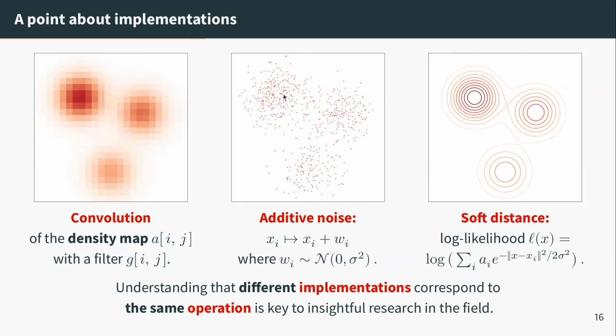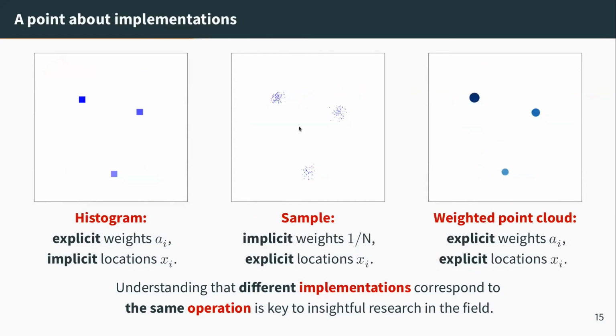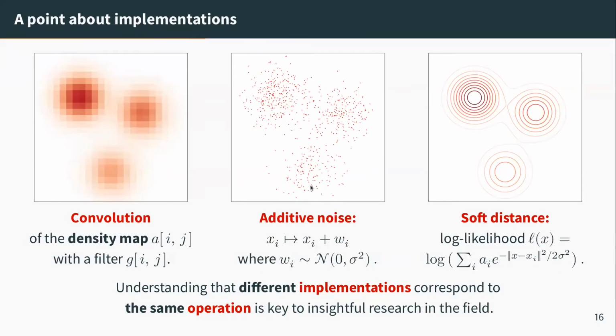So here, this is a new random sample that I generated by picking points at random in this discrete data set and adding a new random variable w_i, where w_i follows a standard normal distribution in the plane whose density exactly corresponds to the density that I use here for this grid. So visually you see that it's the same thing, but if you look at the program, it doesn't look the same at all.